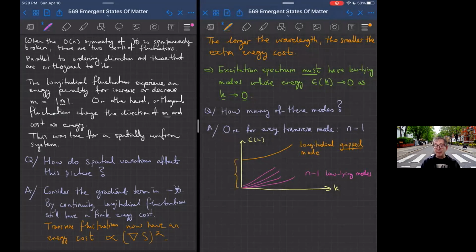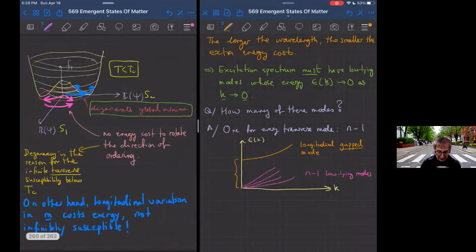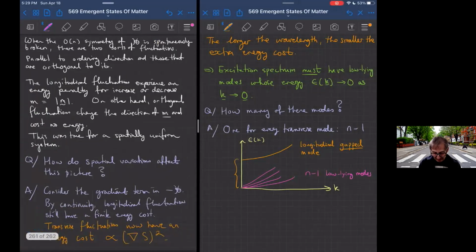And that gap reflects the curvature of the potential that we see over here. So those modes are gapped, and then there's n-1 modes that are low-lying.